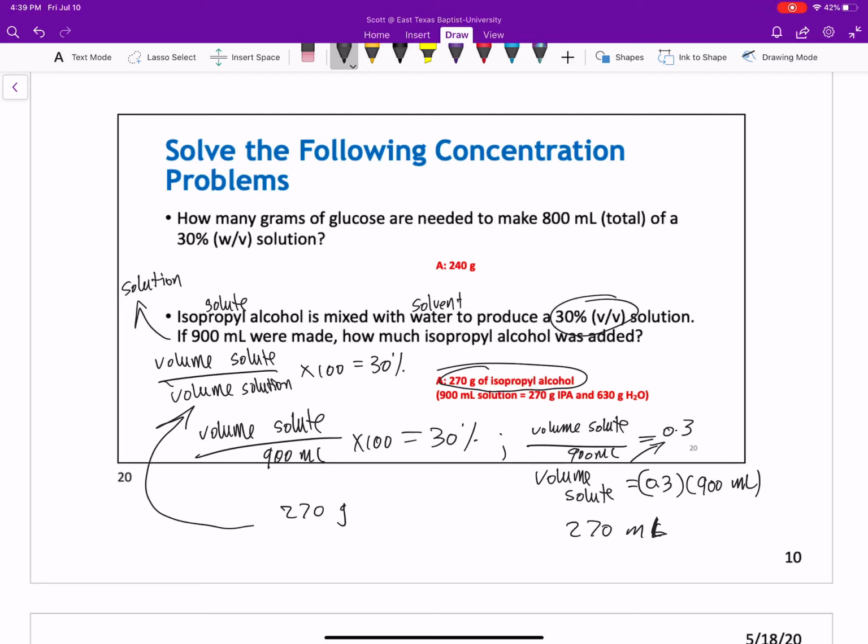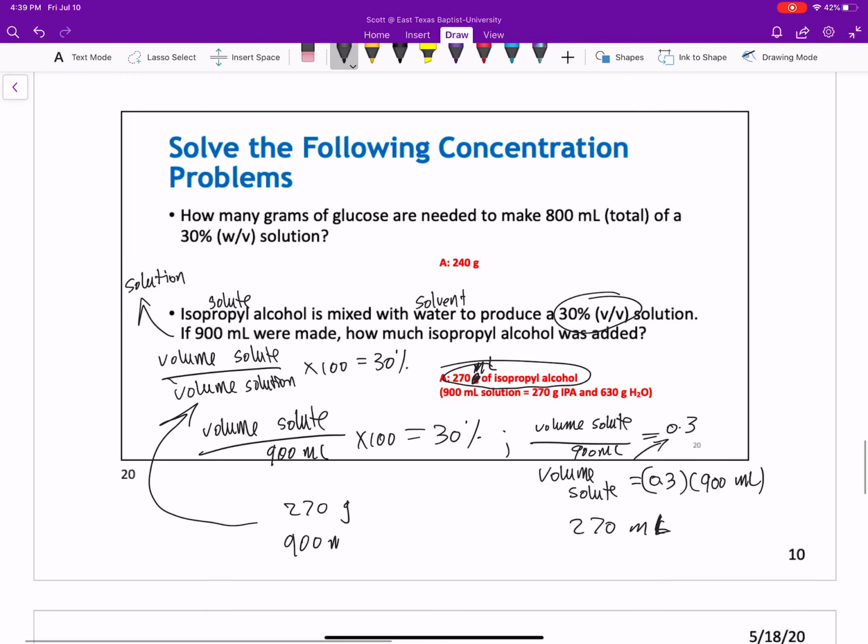And actually, it shouldn't be grams. It should be milliliters, right? Milliliters of isopropyl alcohol. And since the total solution is 900 milliliters, that must mean that we added 900 minus 270, which equals 630 milliliters of water.